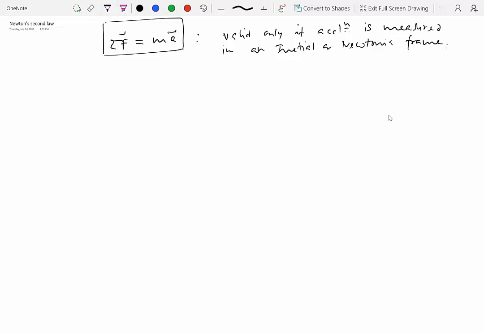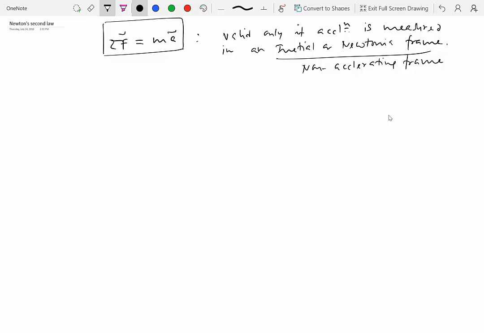And by definition, an inertial or Newtonian frame is a non-accelerating frame. So if you're trying to use this equation and you measure the acceleration with respect to an object that could be potentially accelerating, then you will be making a mistake.